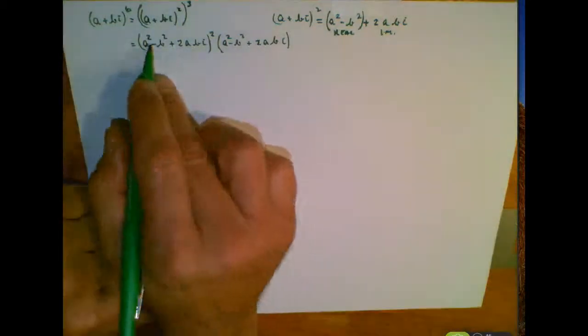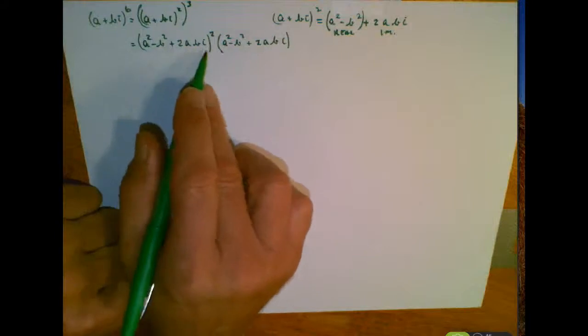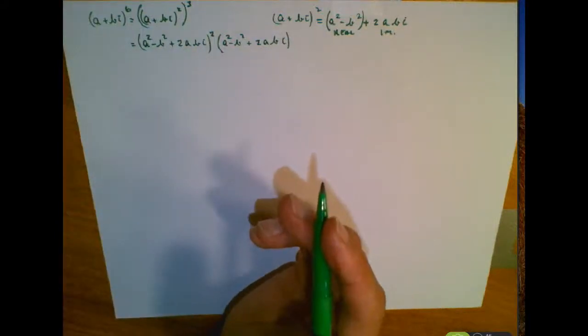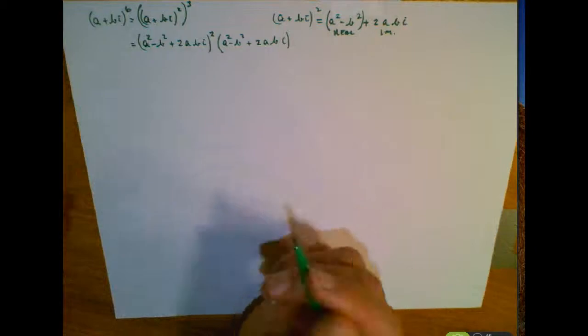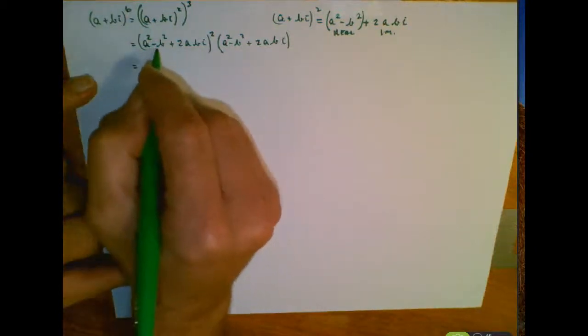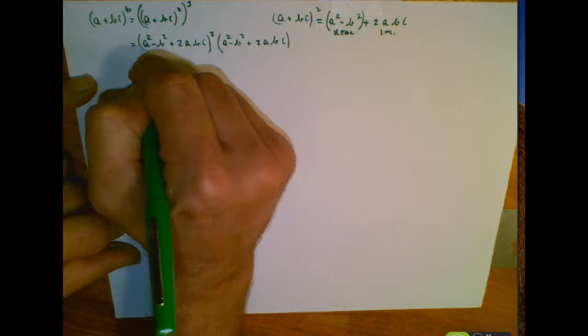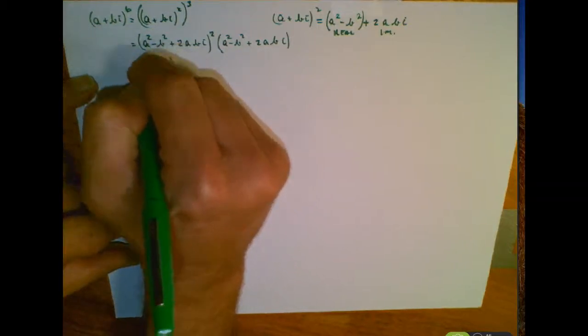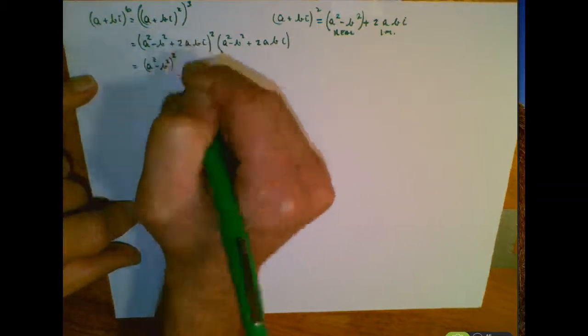Let's attack this first part by, again, doing the (a + b) quantity squared idea. This is my a. So I've got a squared minus b squared, and that's going to be squared.